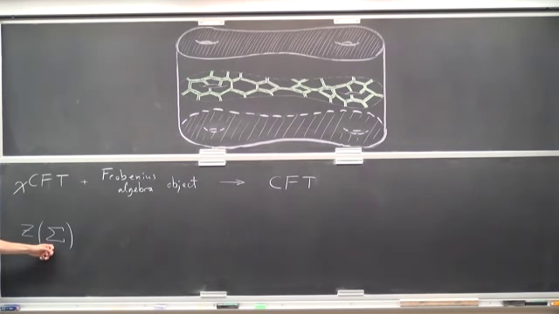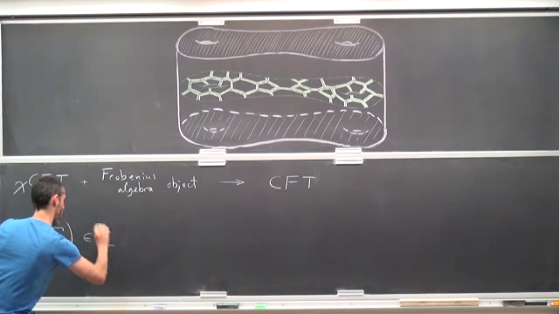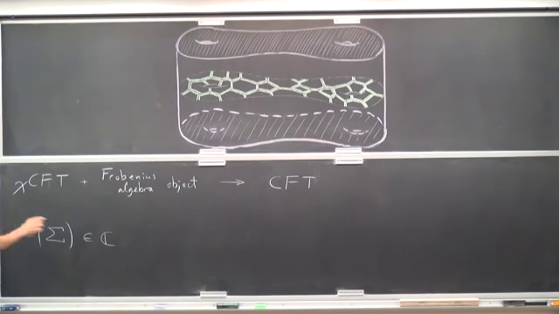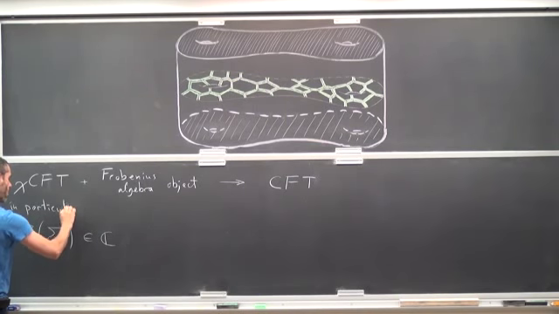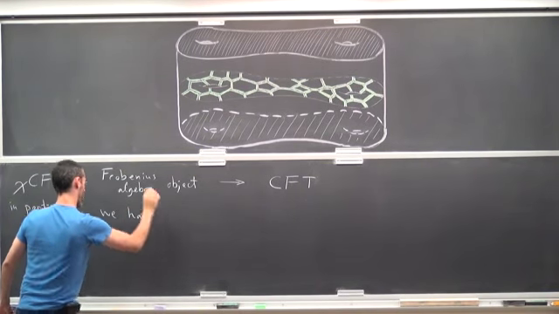This is called the partition function. That's the value of the partition function on that closed surface. And that's now a number. And that's what I'm going to explain. So in particular, we have this.